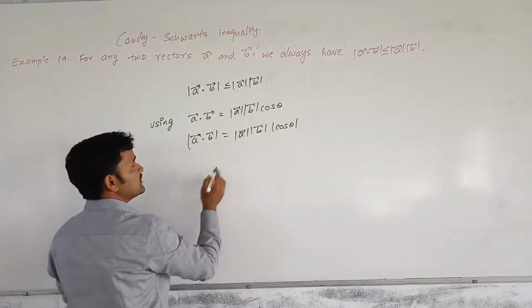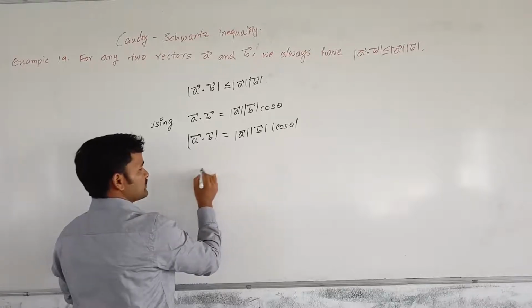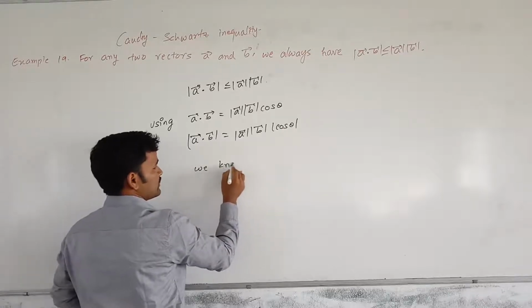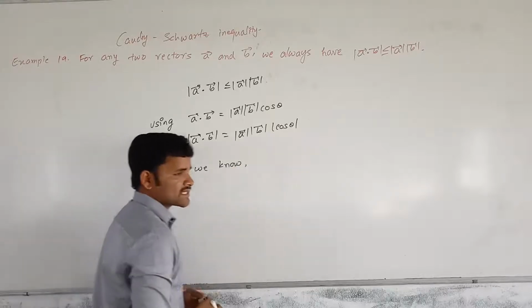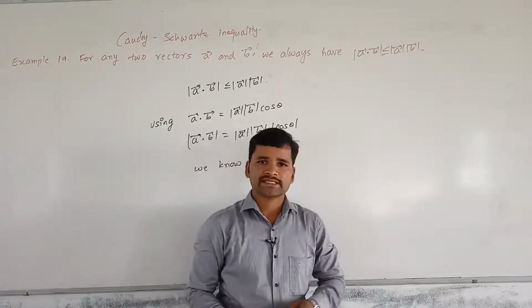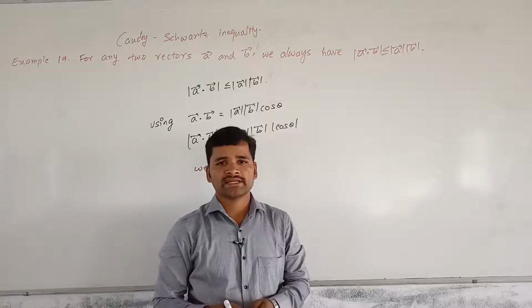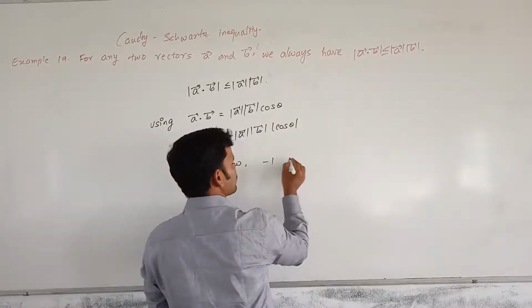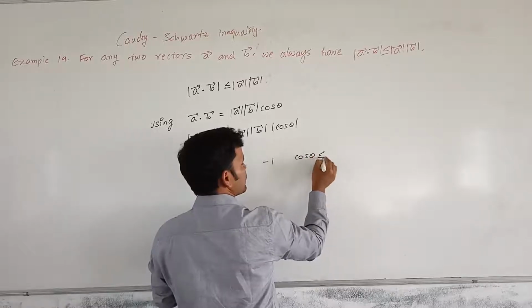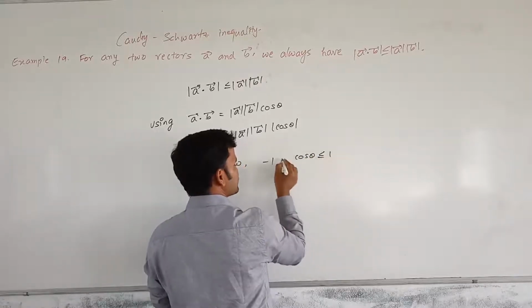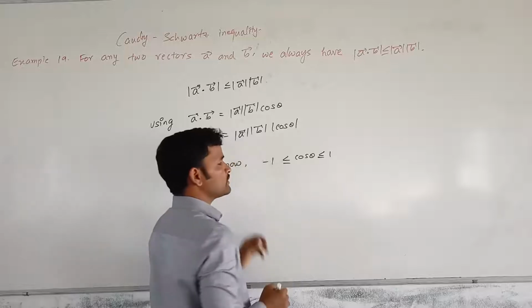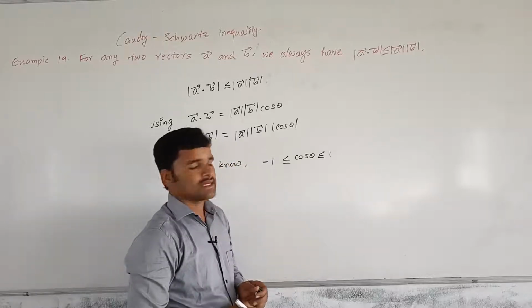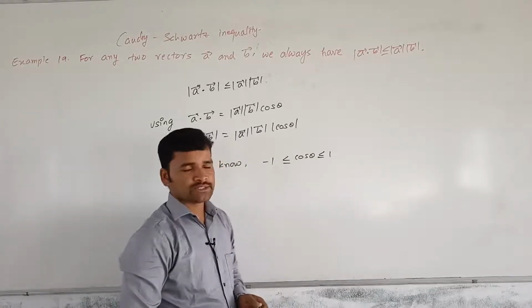What about the cos theta values? Cos theta values are always less than or equal to 1 and greater than or equal to minus 1. It takes values only in the interval minus 1 to plus 1.